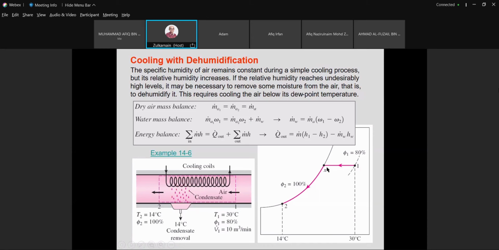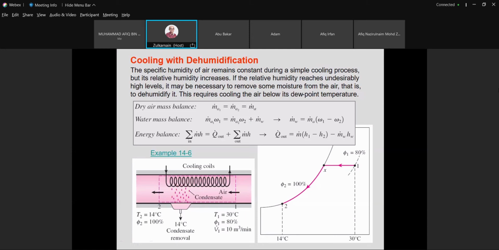Then from X to point 2, which is 14 degrees C, we have condensation over the whole process from X to 2. So how much condensate are we going to produce? The amount of condensate is omega 1 minus omega 2, multiplied by the m value.